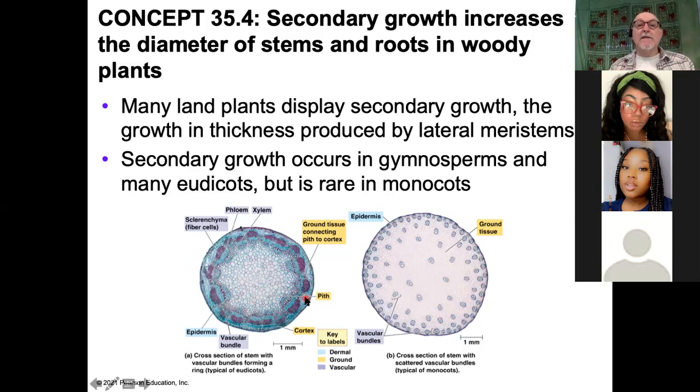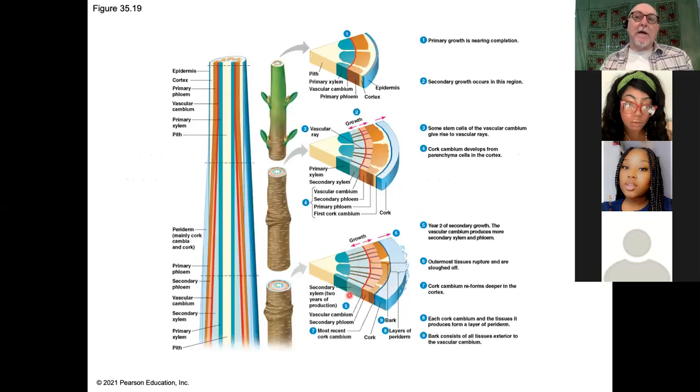The monocotyledonous plants, it's very difficult for them to undergo any kind of secondary growth. But in a eudicotyledonous plant, when we're looking at a branch or at the stem itself, what we're remembering is that they have indeterminate growth.